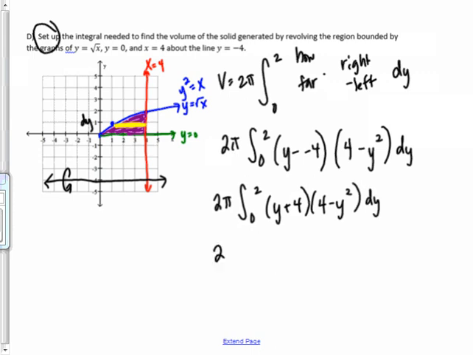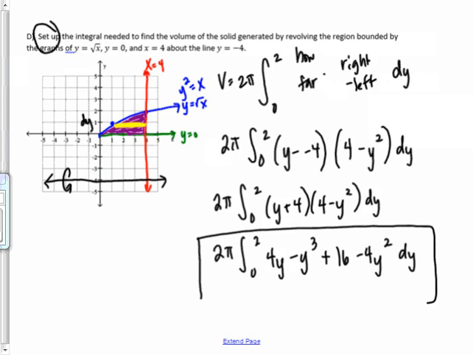Right, so we don't have to integrate it, but I want to get it to right before I would integrate it. So FOIL that out for me. You would get 4y minus y cubed plus 16 minus 4y squared. And then you could go from there. And if you had to get the answer, you know, add 1 to it, divide by the new power, and then plug in. All right, make sure you try some of your homework problems.